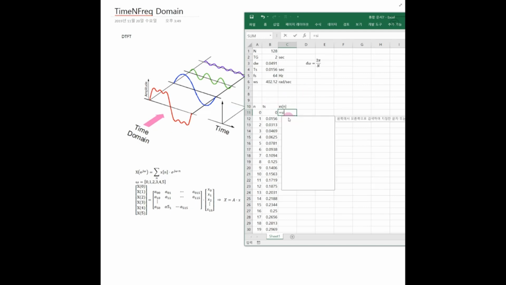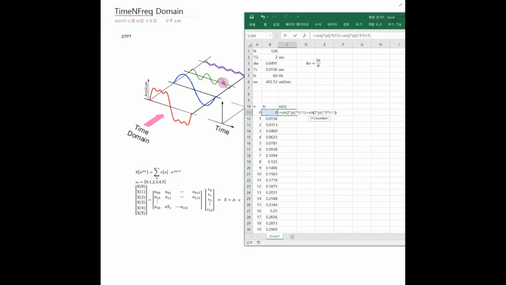created by summing 3 spectral contents. One is the fundamental frequency, that at this moment is 1 Hz. So 2 times pi times frequency, 1 Hz, and the product of time index, this is time, and plus, the third harmonic component should be added. So sine 2 times pi times frequency, 3 Hz at this moment, and the time index.